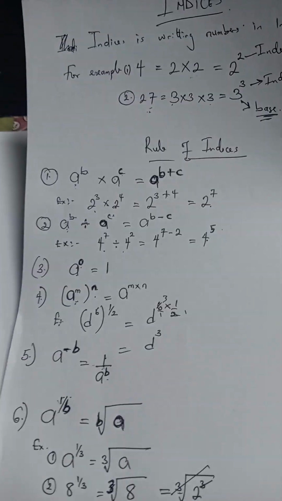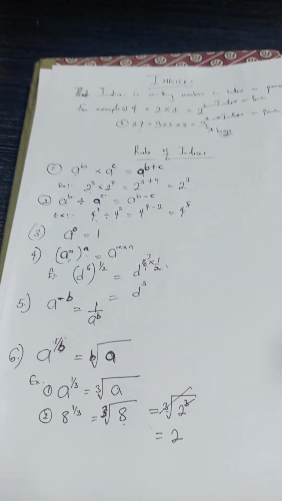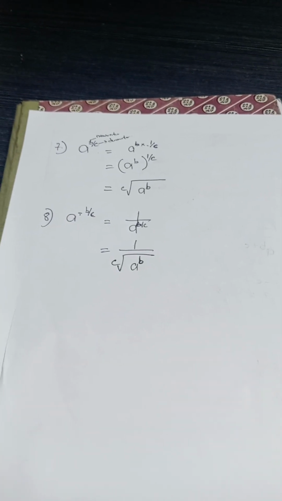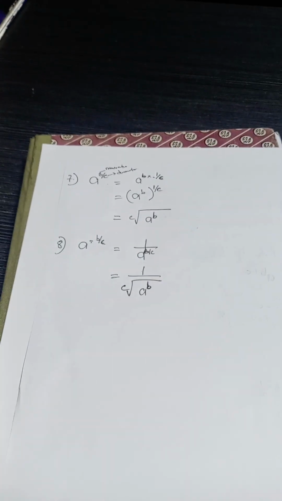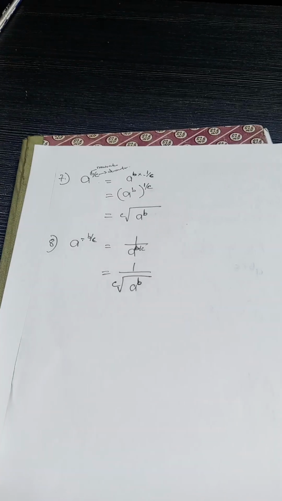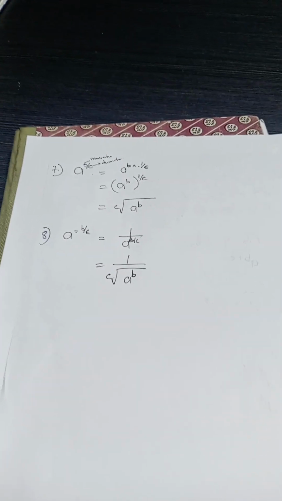These 8 rules are the most important aspects of indices. If you can master them, I promise you, tackling indices questions will be a walk in the garden. It won't be hard at all.